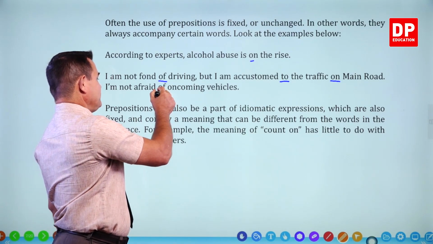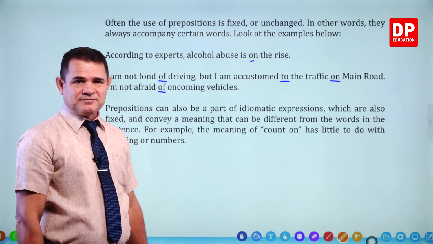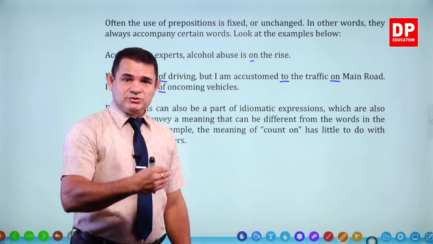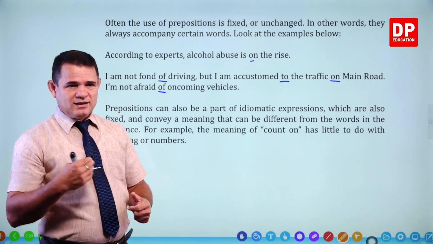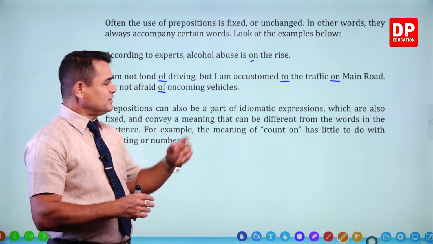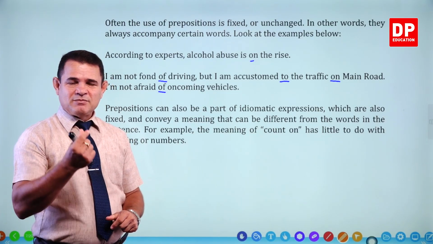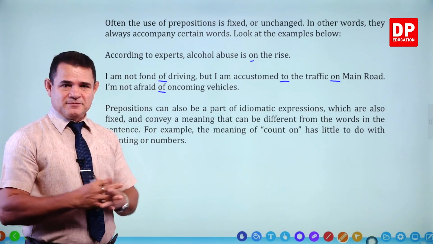Another one. Of. Afraid කියන වචනෙත් එක්කම එනවා අනිවාර්යයෙන්ම. Afraid of. Accustomed to. Fond of. You see. So ඒ වචනෙත් එක්කම එන prepositions තියෙනවා. So without that preposition you can't use it alone. තනියම පාවිච්චි කරන්න බෑ. මෙතන preposition නැතුව කිව්වොත් එහෙම වැරදි.